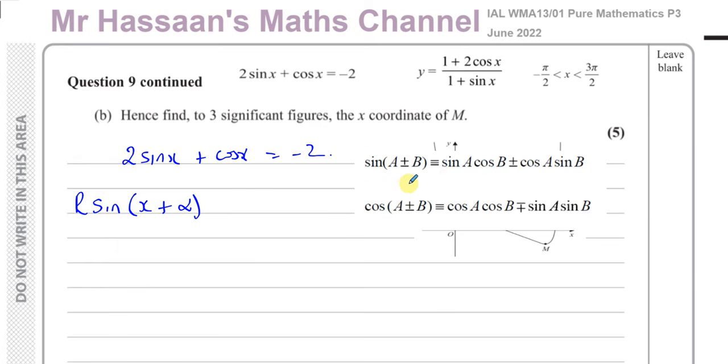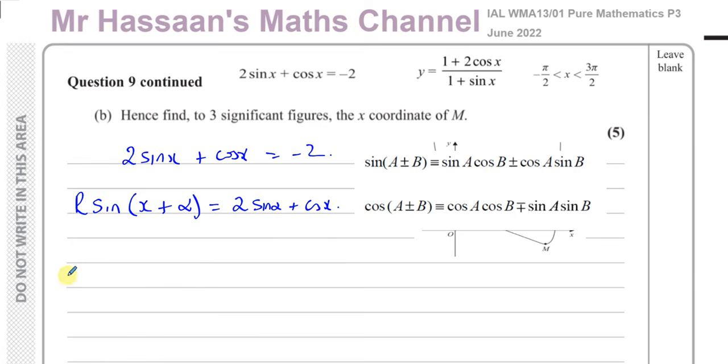We want something that has sine first, then cosine, with a plus between them. So sine x plus alpha is going to give us something of the form that we require. So if we let r sine x plus alpha be the same as 2 sine x plus cosine x, then we can rewrite this in this form.